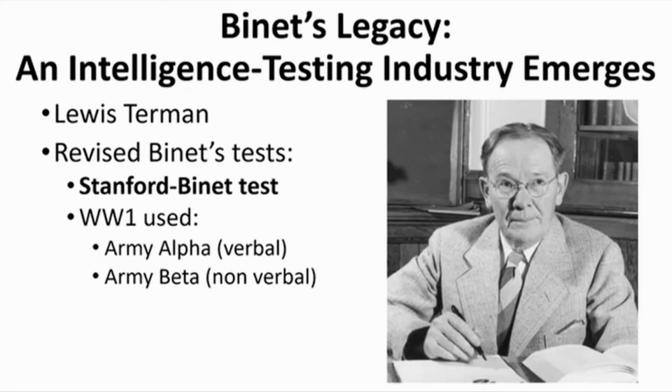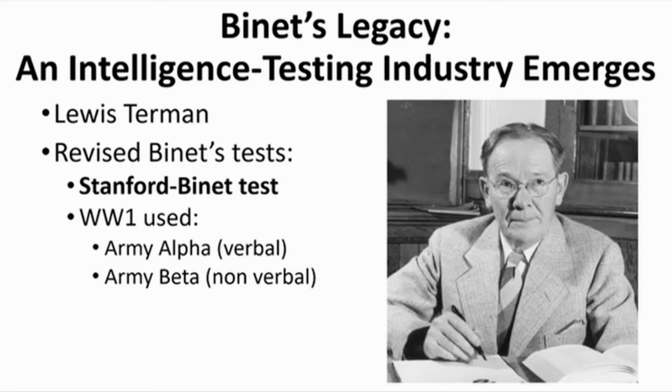And so this revised test was called the Stanford-Binet test, or the Stanford-Binet scale. And the reason that Stanford has suddenly appeared in the name here is because Terman was working at Stanford at the time. But this Stanford-Binet scale quickly became the gold standard for measuring mental aptitude.